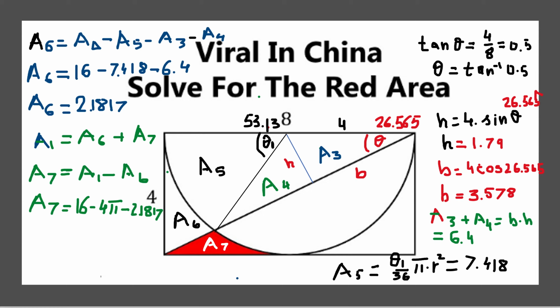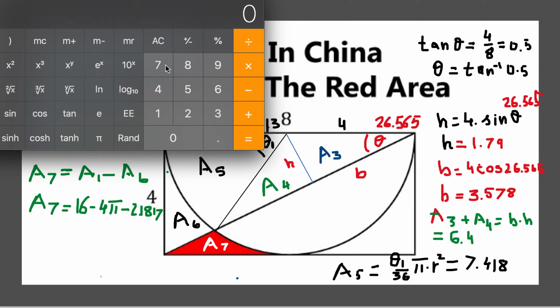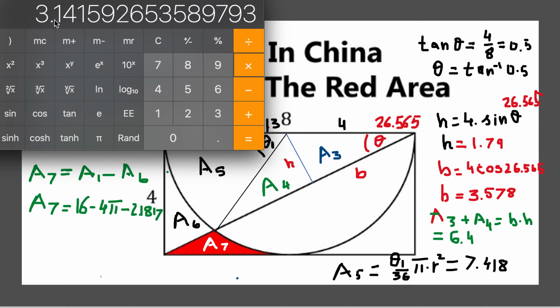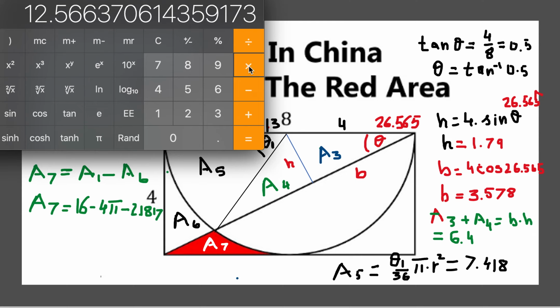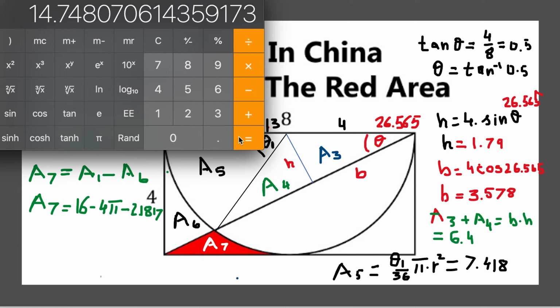Now let me use a calculator here. First of all, let me go with 4 pi. 4 times pi is 12.56, plus 2.1817 is equal to 14.74.